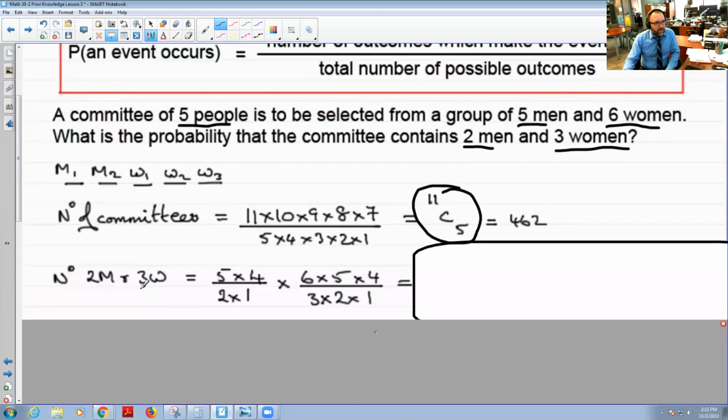For the top of the fraction, 2 men and 3 women, you have 5 times 4 for the men, because there's 5 men, and then 2 times 1 because there's only 2 men you're using. So now for the women, 6 times 5 times 4, there's 3 women, and then at the bottom, 3 times 2 times 1.